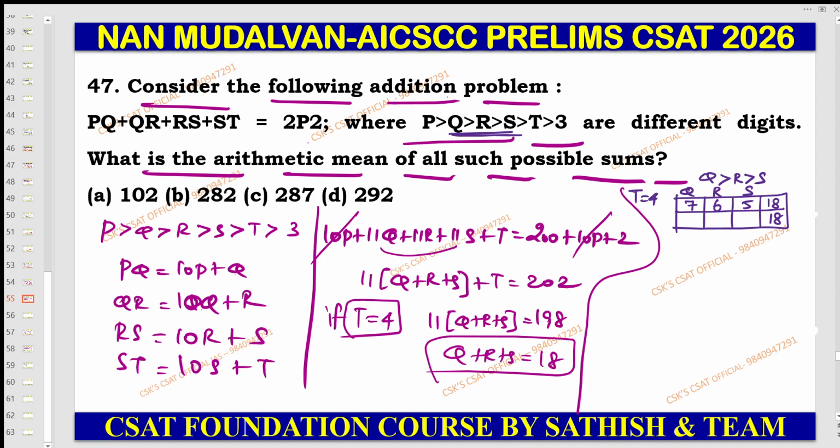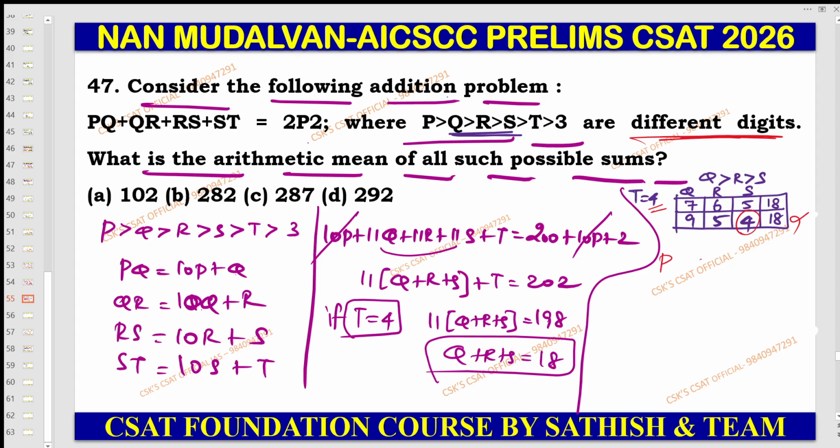Yes, another is also possible: 954. See here, 18. But please understand, 4 is already present here. Then you should not take a 4, because here it is clearly mentioned different digits. So with T as 4, the rest will not be 4. Understood? So this case fails. The only one possible here is 765.